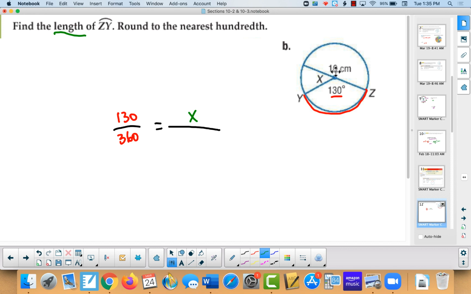And since the diameter is 10, the circumference, or the distance around the entire circle, is 10 pi. Then we can cross multiply to get approximately 31.4 centimeters for the length of arc YZ.